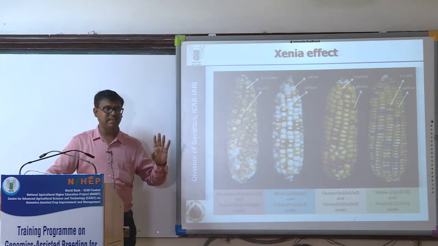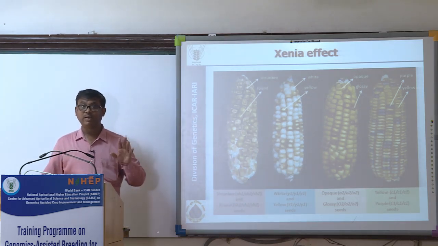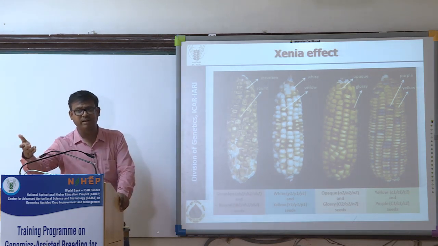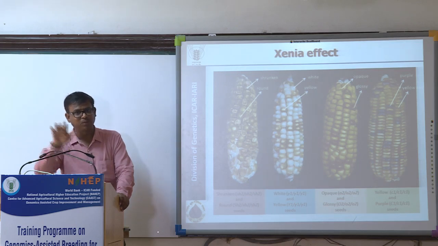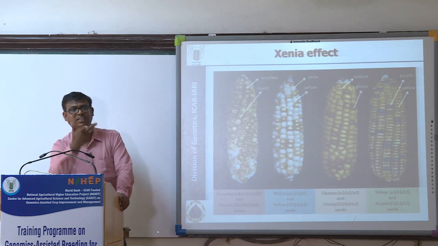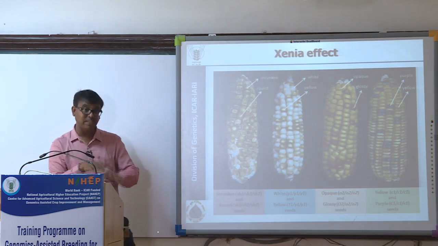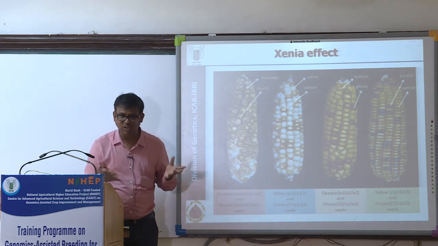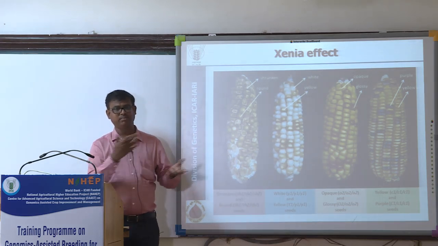When it is the recessive allele, small y1, non-functional, you will get the white color. In traditional rice, it is the recessive y1 which is present, which is not functional, and since in rice there is no natural variation, they have taken it from maize. But in maize we have natural variation, so we do not require golden maize, it is already there. You only have to breed for that.